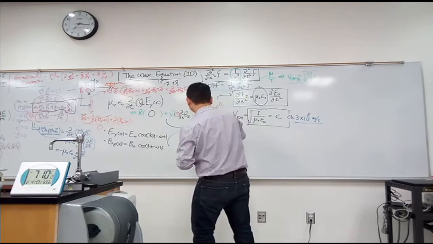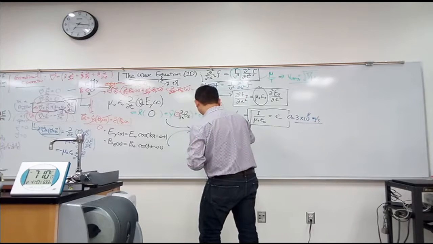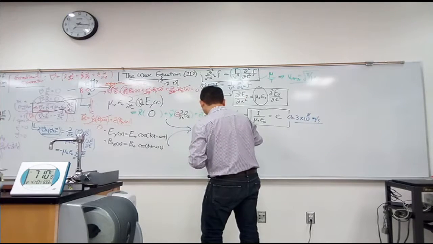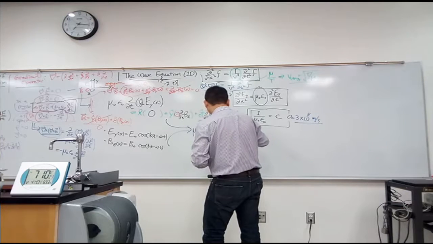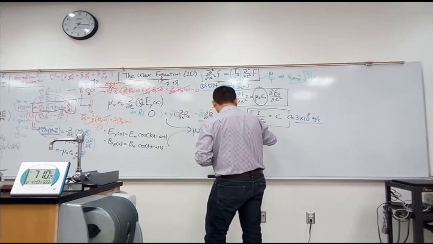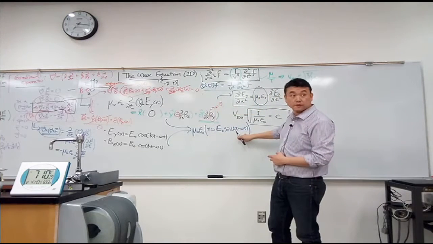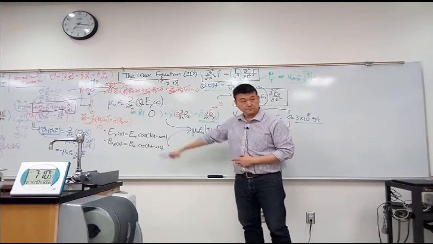The derivative will be plus omega E naught sine of kx minus omega t. Everyone okay with this as the time derivative of this function here?